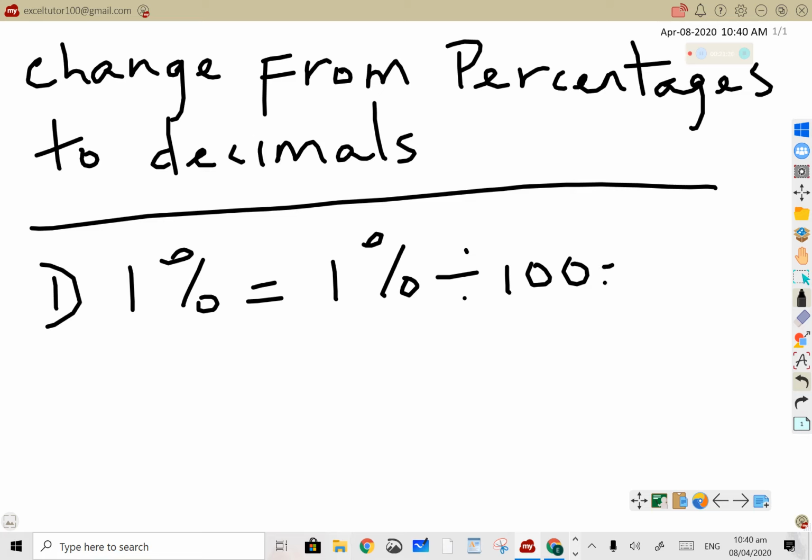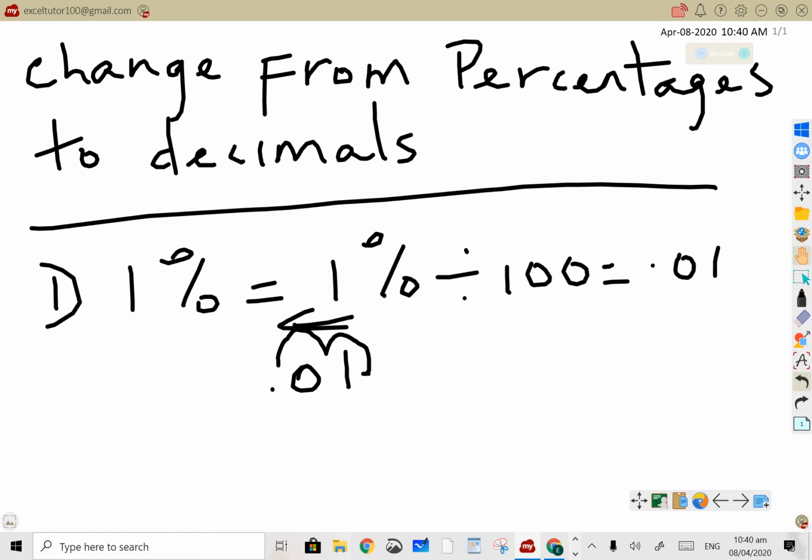So our working will be 1, the point is understood at the end, so we have to move the point 2 spaces to our left. So we go to our left this time. Okay, so our answer will be 0.01. Okay, so we had changed it to a decimal.